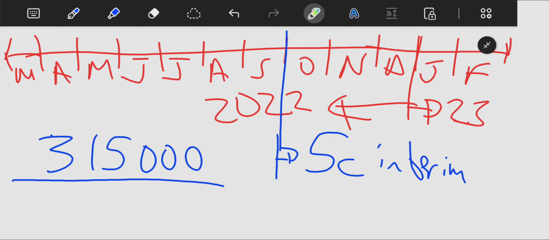Now, we want to know how many number of shares do we have to divide with this, so that we know how much is equivalent to one share. Because we are saying we need to know dividends per share. What is equivalent to one share? Right. At the end of the year, how many number of shares did we have?